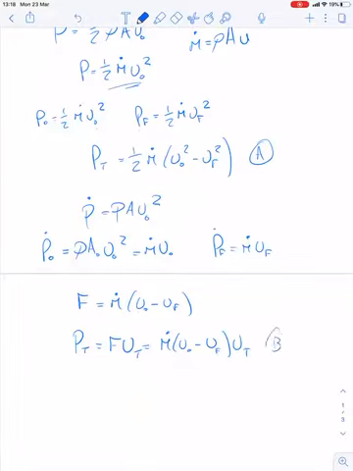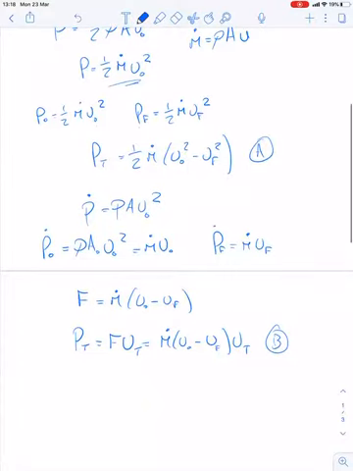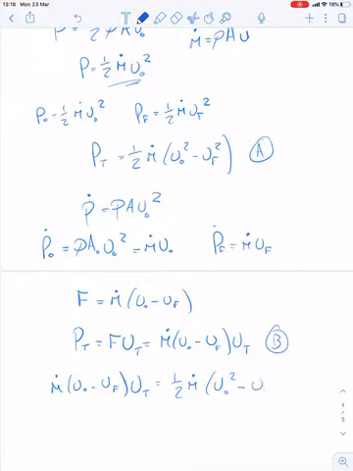We'll call this equation B. Now we can equate equation A and equation B because they're both giving us the power at the turbine, just coming at it from different angles. So we end up with m dot times u0 minus uf times uT equals a half m dot times u0 squared minus uf squared. We've just put A and B equal to one another.